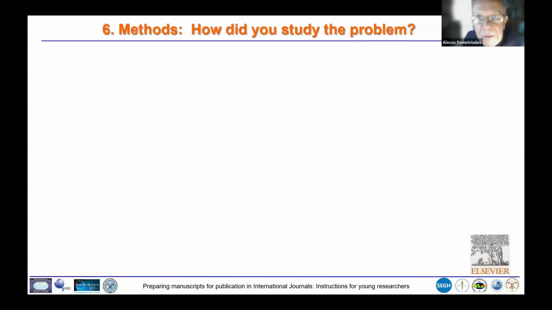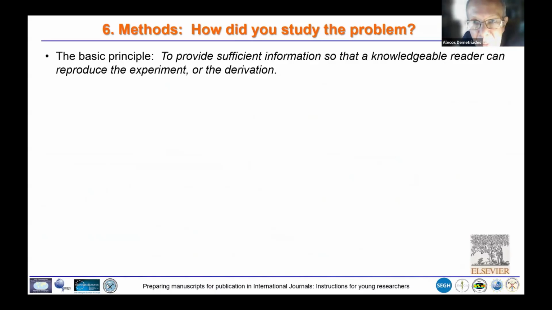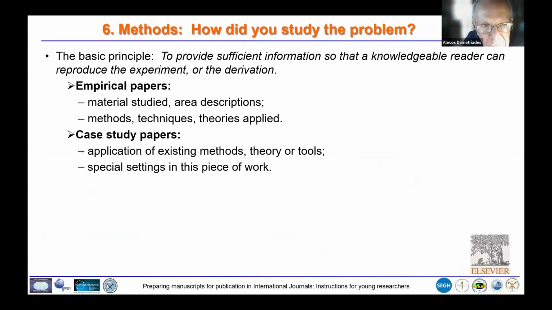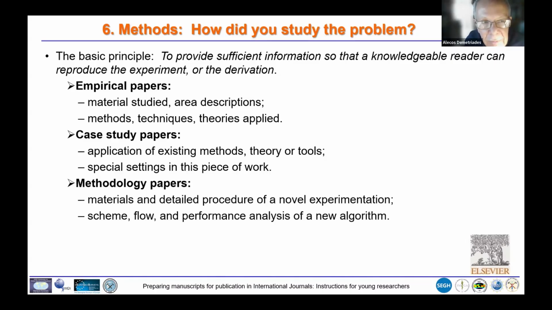Methods. How did you study the problem? The basic principle is to provide sufficient information so that a knowledgeable reader can reproduce the experiment or the derivation. Empirical papers: material studied, areas, descriptions, methods, techniques, theories applied. Case study papers: application of existing methods, theory, or tools, and special settings in this piece of work.